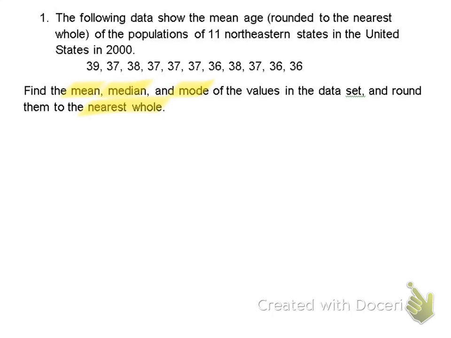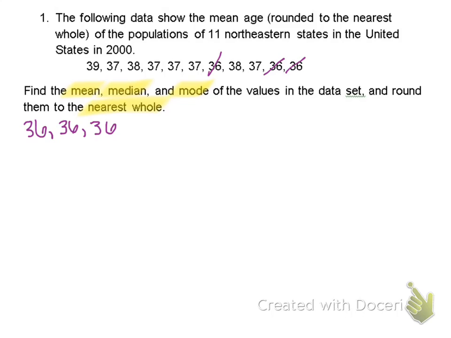The first thing we have to do is put the data set in order because these numbers are not in order. So we need to look for the smallest one first, and the smallest value is 36. And when I'm putting them in order, I cross them out as I go, so I make sure I don't repeat or miss numbers. And I can see there's another 36 there. And looking through here, I see another 36 as well. So there aren't any more 36s.